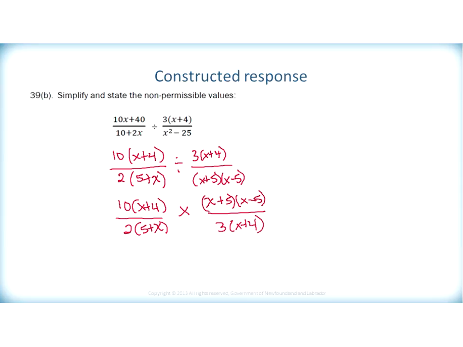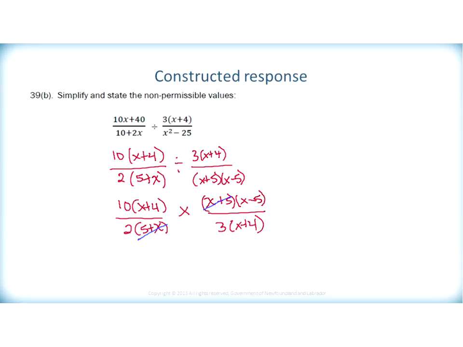Now we have a new denominator here, so this will also be included. This gives us 3 expressions to be included in the NPVs. This was once in a denominator, now this is in the denominator, and this will be in the denominator. So the values that would make any of those expressions 0 are part of our NPVs. Let's cancel any common factors in the numerator and denominator now.